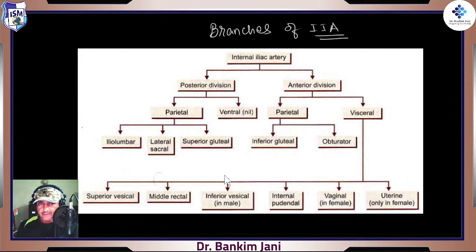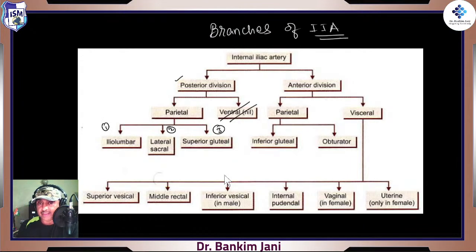This is parietal and ventral. That is in case of posterior, because there is nothing like ventral. So we just say the posterior division has got 3 arteries, because in ventral there is nothing. So this is 1, 2, and 3. These are the branches of the posterior division.